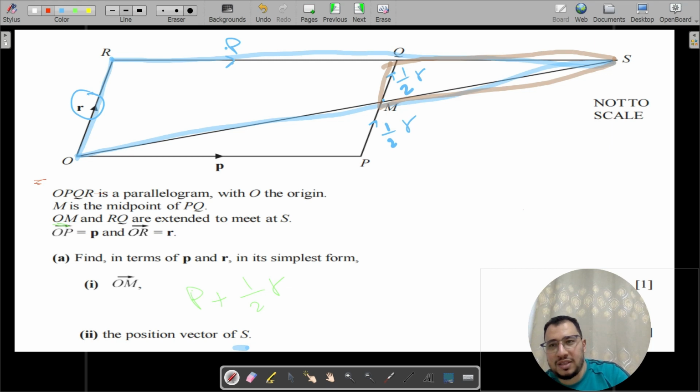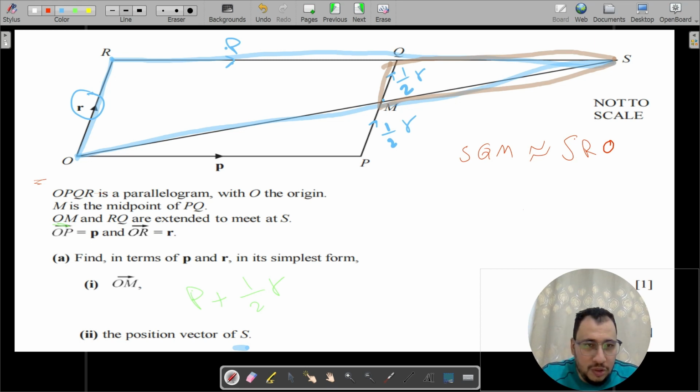I will write that triangle SQM is similar to triangle, the biggest triangle, which is SRO. And be careful, here you have to pay attention to the order of the letters. The order of the vertices is very important. Let's write our ratio here.